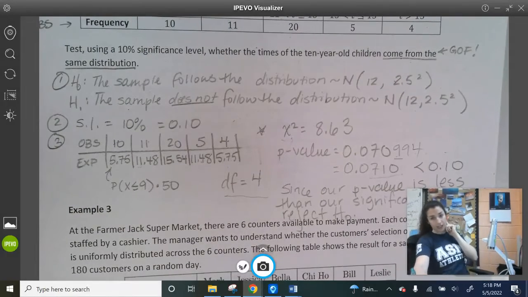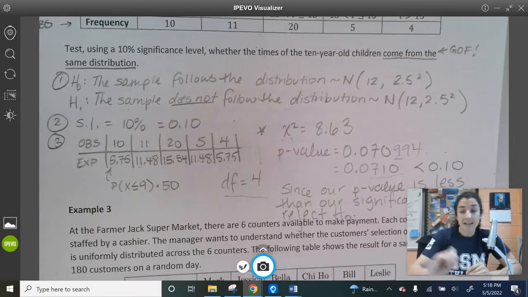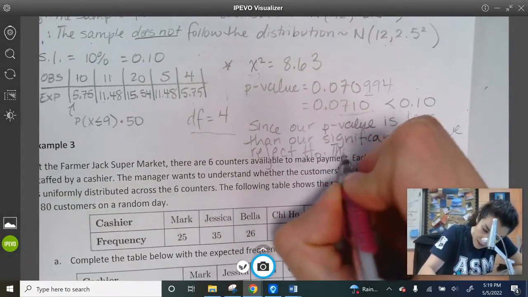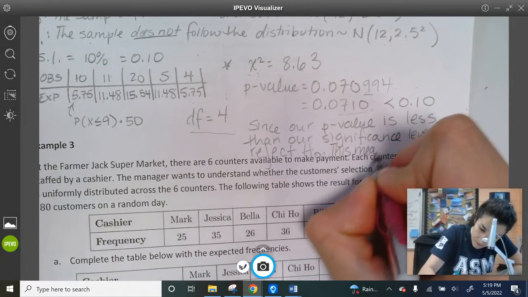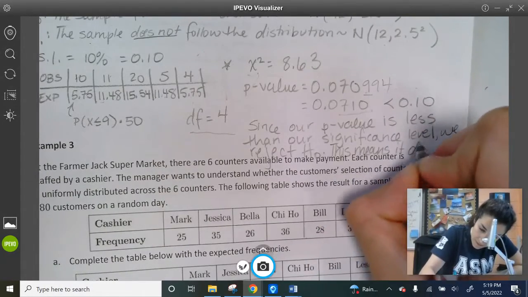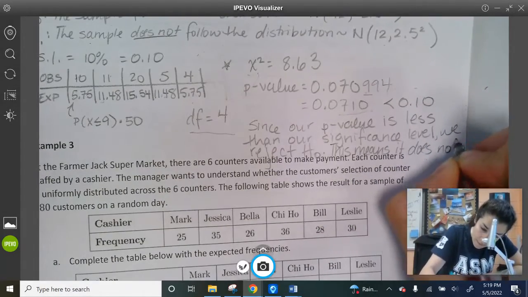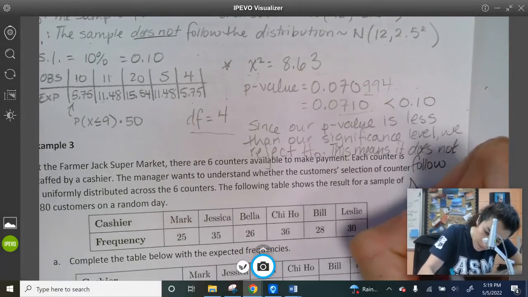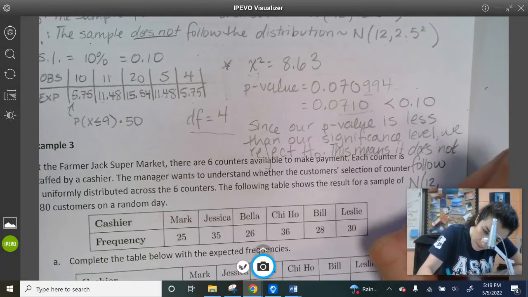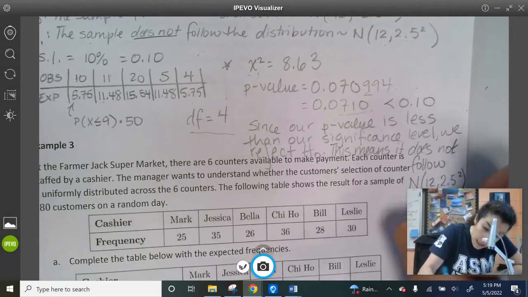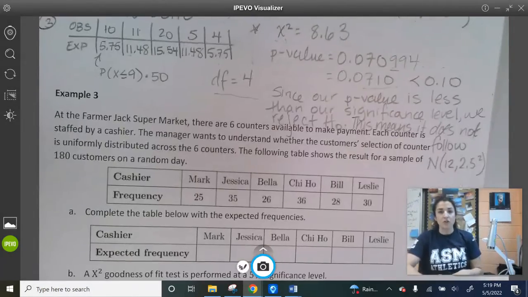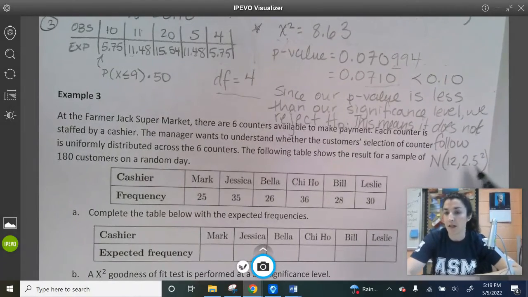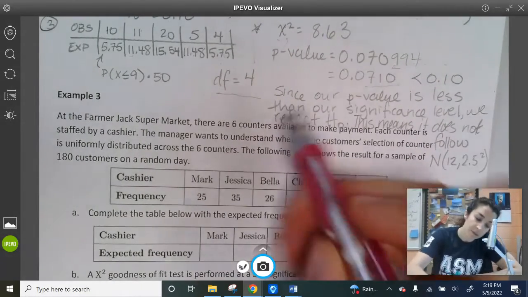So if p is low, reject the H sub 0. So that means that it does not follow the distribution. It could still follow a normal distribution. It just might be a normal distribution with different specificities.